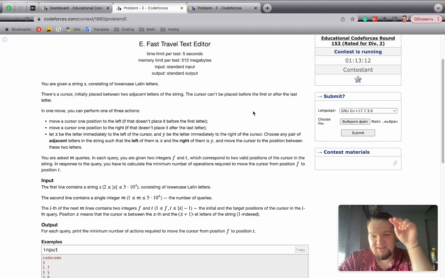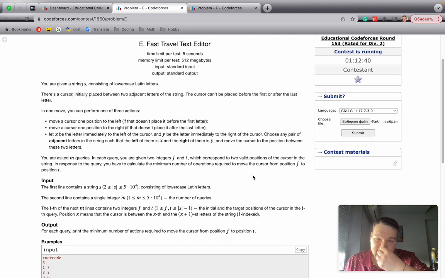So basically, if we have substrings of length 2 that are equal at 2 places, we can jump from the position in the middle of the one substring to the middle of the other substring. Ask queries. In each query, you are given 2 integers f and t. Calculate shortest distance, right?